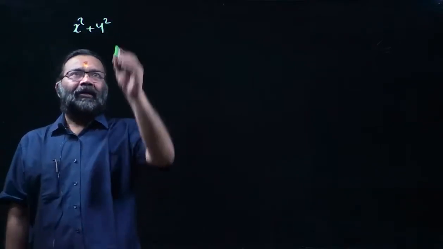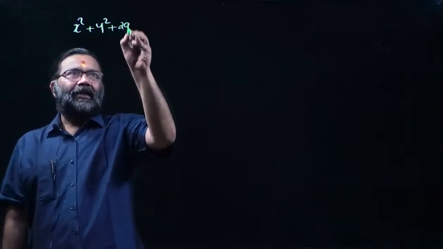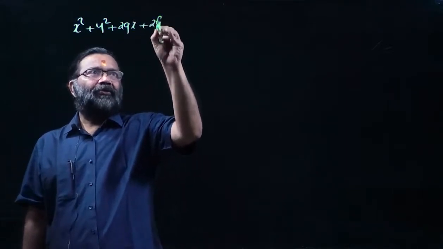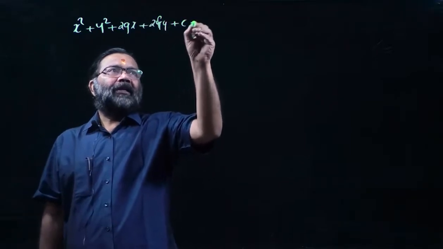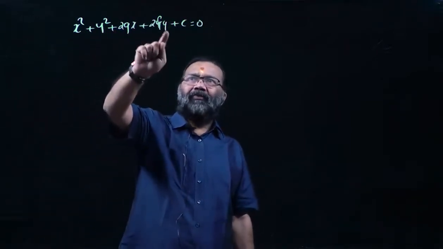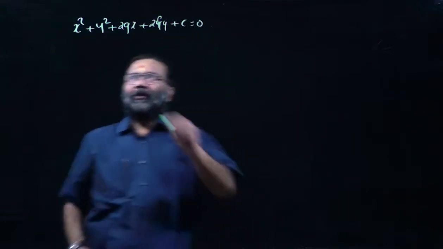Let us generalize that. Suppose you want the general equation of a circle. What we said, there should be an x square term, y square term, x term, y term, constant term equal to 0.